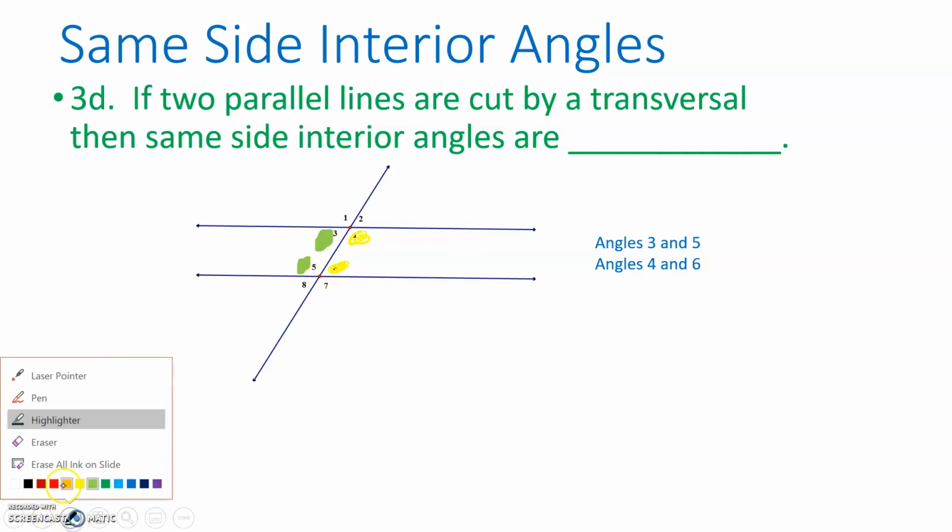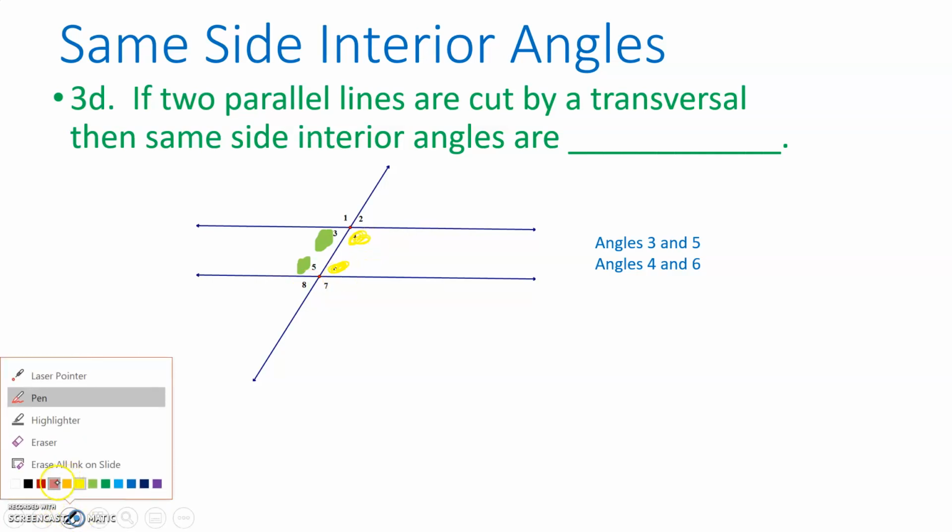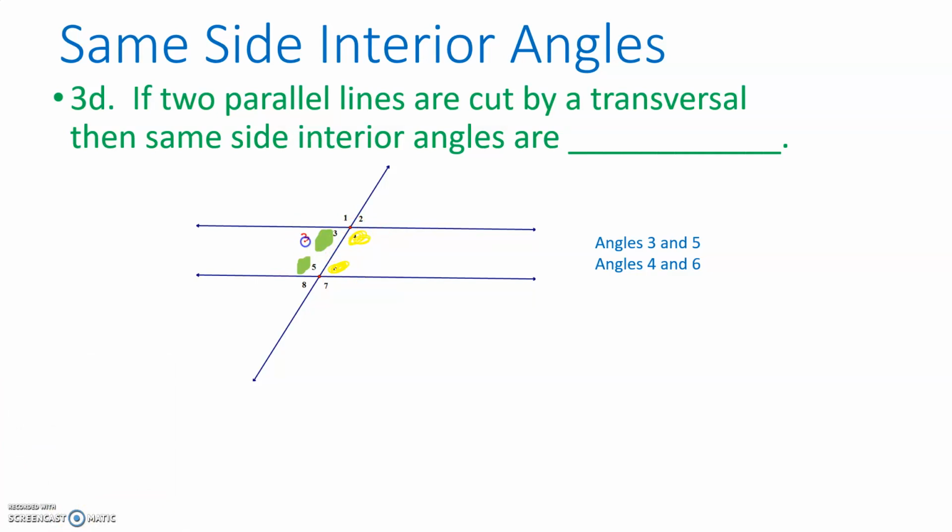Now, what do I know about those measurements? I know that, let's change to a different color here. This one is a 30, and this one is a 150. They add up to be 180. Look at this one. This is 150, and this is 30. They add up to be 180.